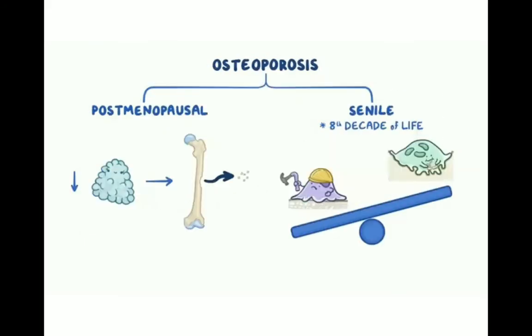So osteoporosis is usually classified into two types. One is post-menopausal osteoporosis, and the other one is senile. In post-menopausal osteoporosis, basically what happens here is that there will be a very reduced estrogen production after menopause, which in turn leads to increased bone resorption. Breakdown is increased because of the lack of the estrogen hormone.